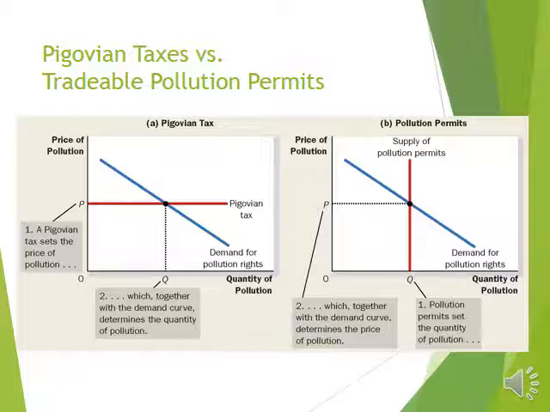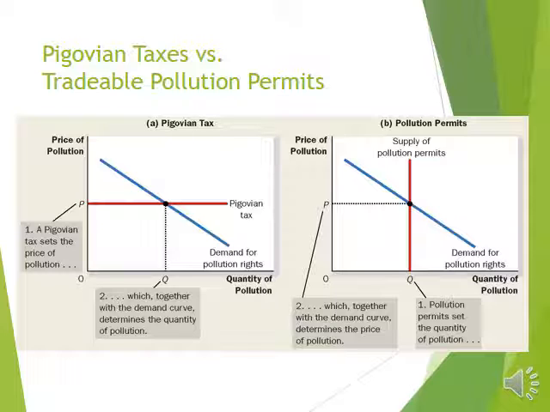Now, with a tradable pollution permit, you're not trying to set a price on pollution. Instead, you're setting a quantity of pollution, and it's easy to tell. You can determine through science or air pollution studies, hey, we can only really emit 60 tons of SO2 into the air every year, or whatever.